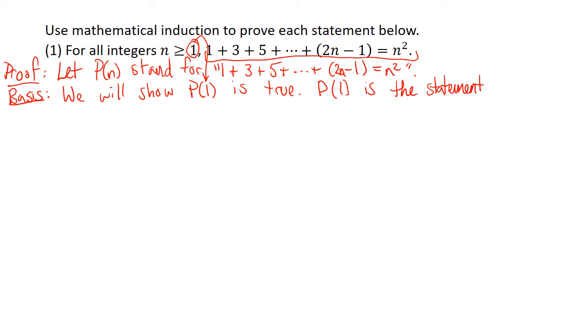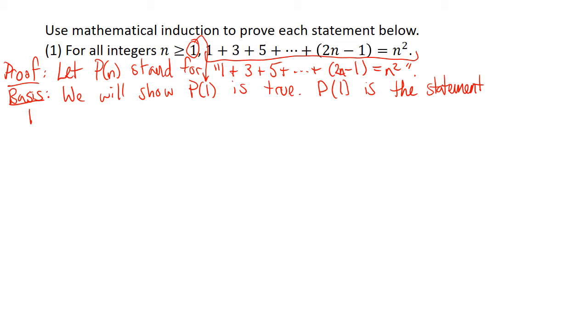Okay, so this is where people tend to sometimes get confused. You know that you start with 1 on the left in that sum, but where do you end? For the basis step, it's always just the first term. And you can tell that it's just the first term because if you plug in 1 for n in that 2n minus 1 part, you'll get 2 times 1 minus 1, which is also just 1.